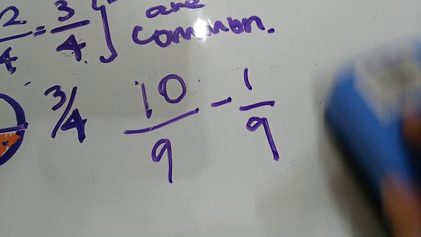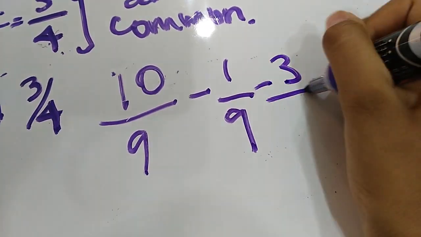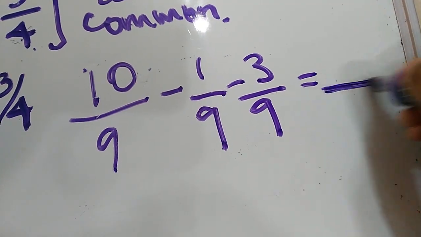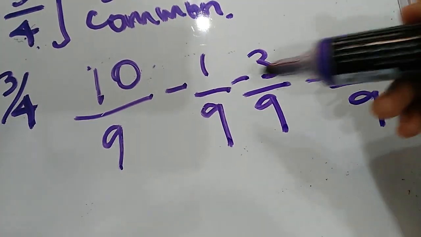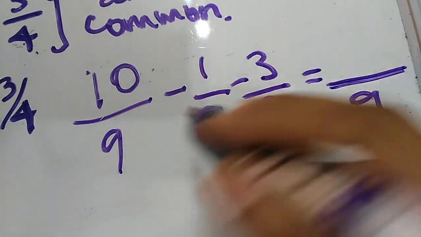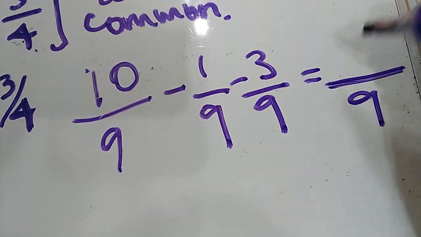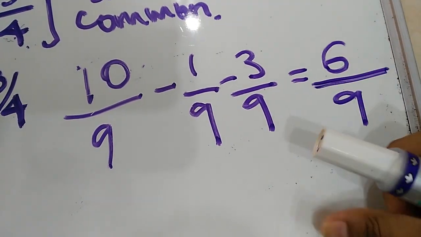If I was to add another part to the equation, I just keep the denominator the same because the denominators are common in all the fractions, and I just work this out linearly. 10 minus 1 is 9, 9 minus 3 is 6. So that would be my answer.